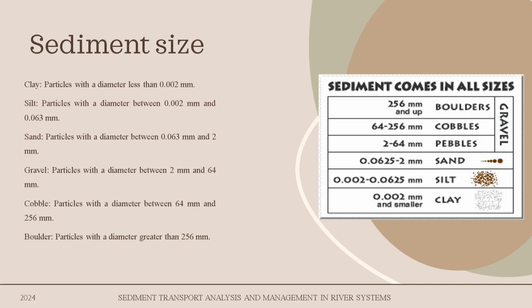For gravel, the particle diameter is between 2 mm and 64 mm. For cobble, the diameter is between 64 mm and 256 mm. And for boulder, the diameter is greater than 256 mm.